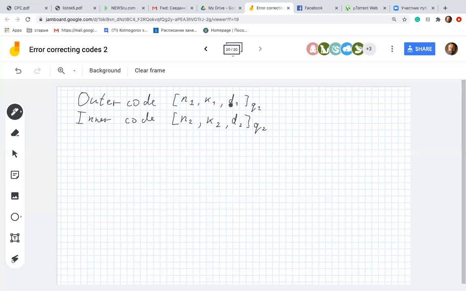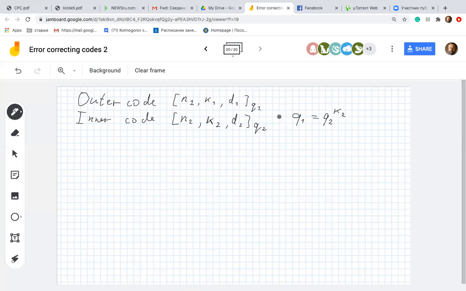To use the concatenation, we need some relation between these numbers. Each letter of the outer alphabet should be somehow identified with a message of the inner code. That means that Q1 must be equal to Q2 to the power of K2.